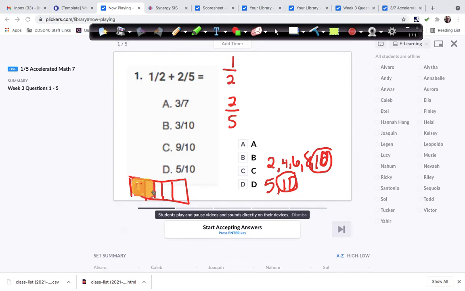Those have to remain exactly the same size, but they're going to be tenths instead. So we're going to multiply this by 2. So when I multiply that by 2, instead of having 2 of them in there, now there's 4 shaded parts. They're smaller, but there's 4 of them. So this is 4/10.